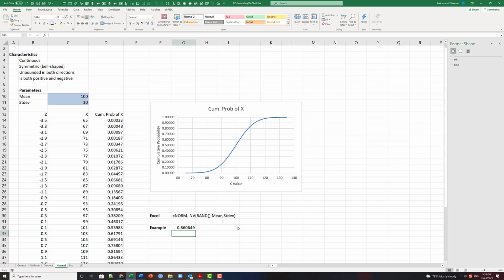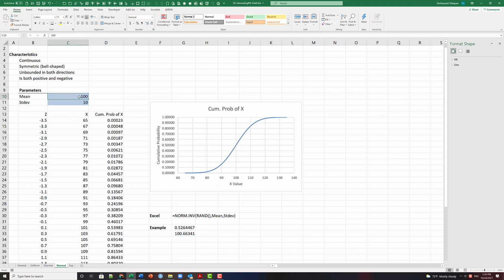Then NORM.INV, the random value is the cumulative probability, and then we have the mean and the standard deviation, and that gives you a value from this probability distribution.